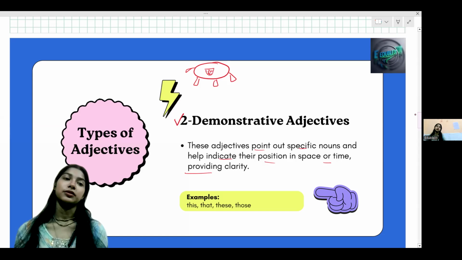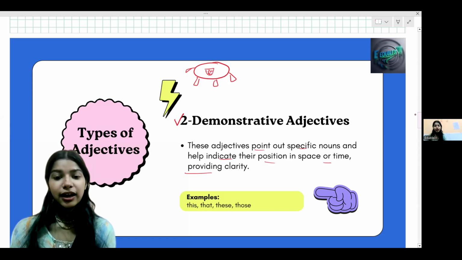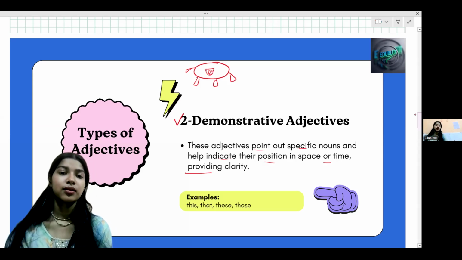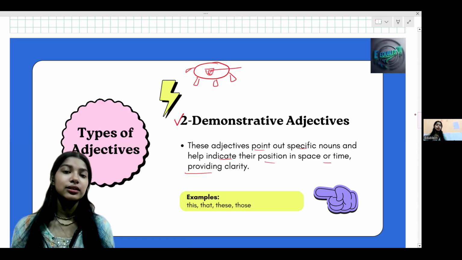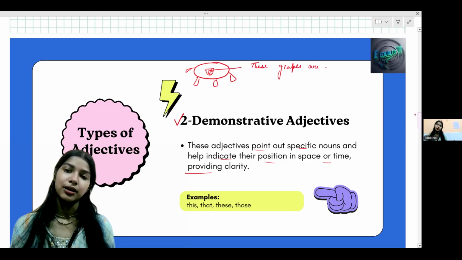So I am saying that these grapes are mine.